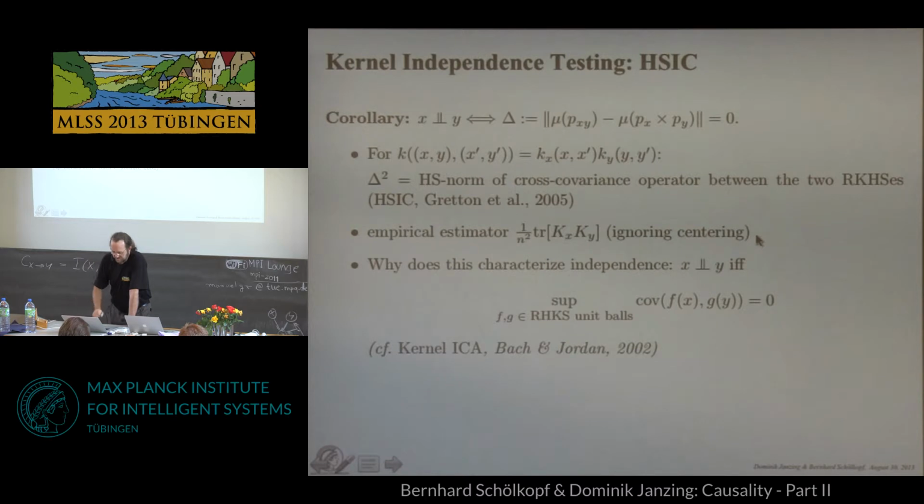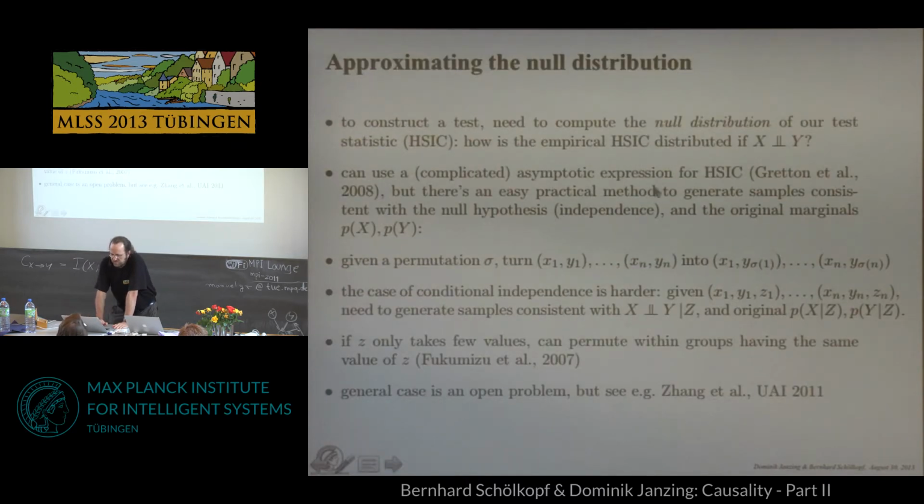We don't do this now, but I just want to say this has to be done, and there are some nice results about how to get an expression for the null distribution of this quantity. There are also ways to do it with permutations. For instance, given data from the joint distribution, so data pairs x, y, it's actually easy to generate data from the factorizing distribution. How do we do this?